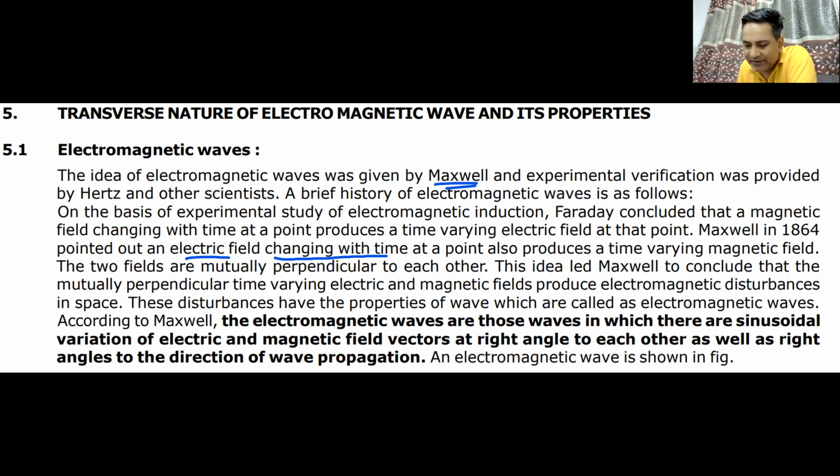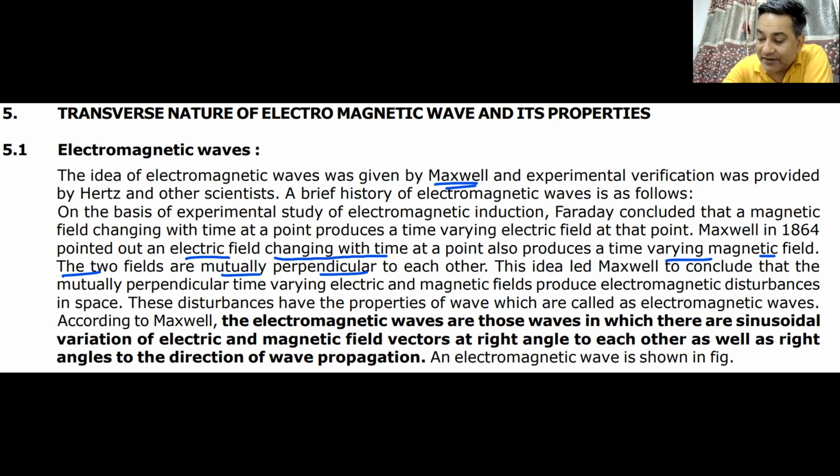Maxwell said that an electric field that changes with time produces a magnetic field which changes with time as well. These two fields are mutually perpendicular, and that is how we arrived at the concept of electromagnetic waves.